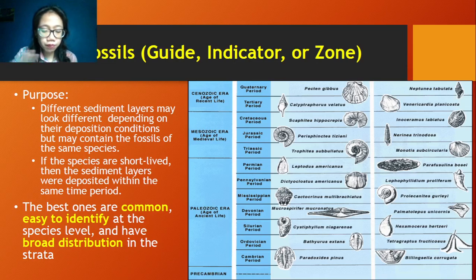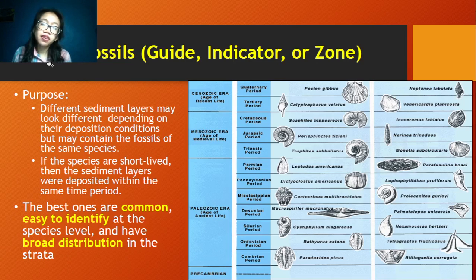The last geologic method that we will be discussing for this module is index fossils. Index fossils are like a guide sheet or a cheat sheet: a guide, indicator, or zone. When we say index, it's like a table of contents, a guide for our geologists.